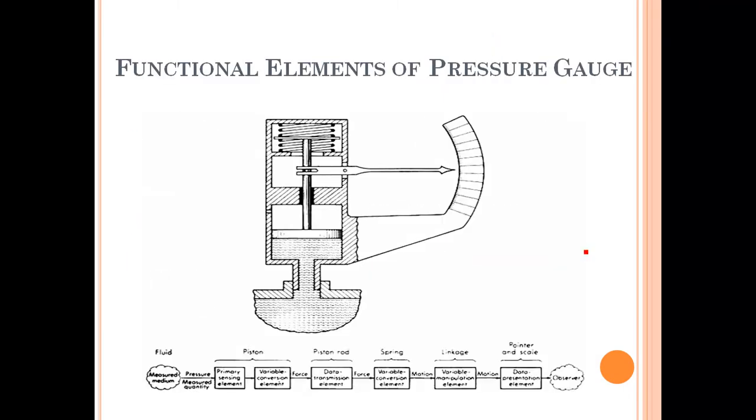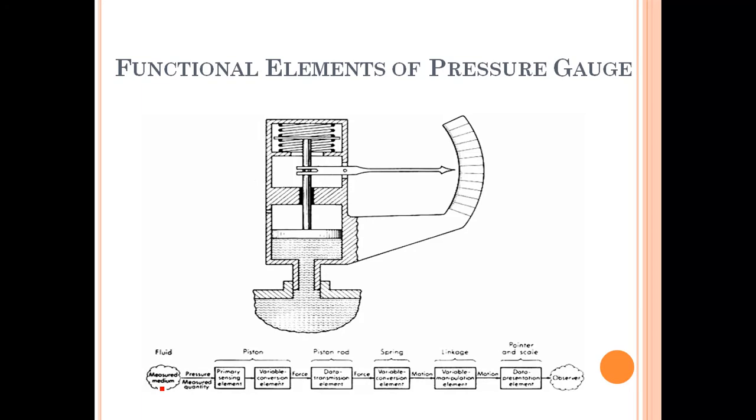Here is an example of a pressure gauge. So this is a pressure gauge. Here we have fluid, quantity under measurement, piston, piston rod, spring, linkage, and a presentation element. So first, the measured medium is fluid.